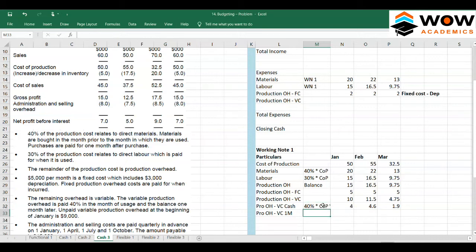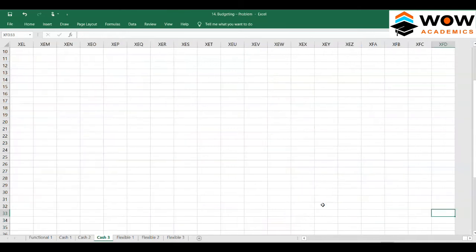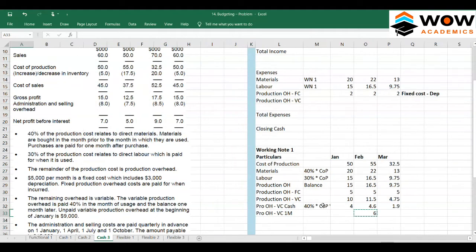The balance is paid with a 1 month delay. So the balance would be 10 minus 4, 6, and then 11.5 minus 4.6, 6.9 will be paid here.